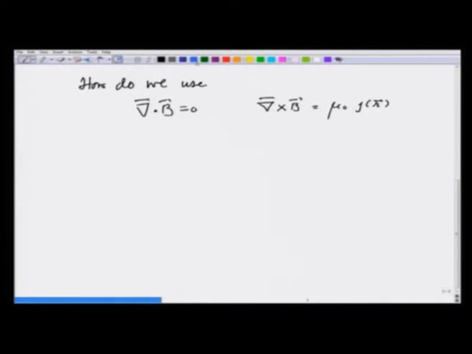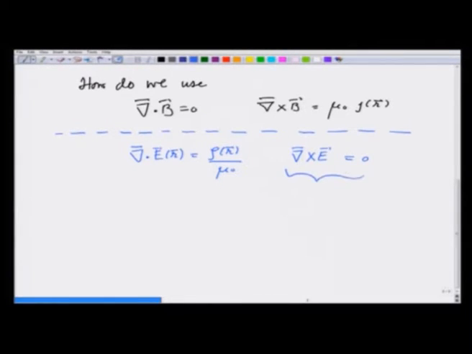Recall that the parallel equations for electric field were like this, that we had divergence of E r to be the charge density divided by epsilon 0 and curl of E everywhere was 0.